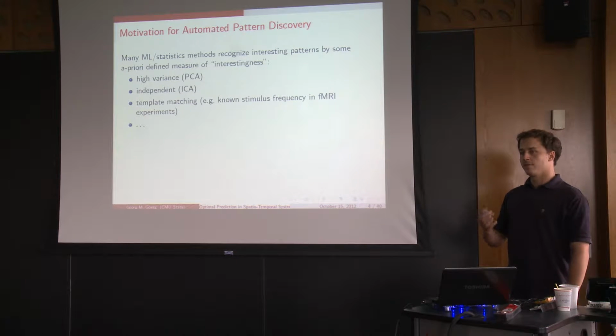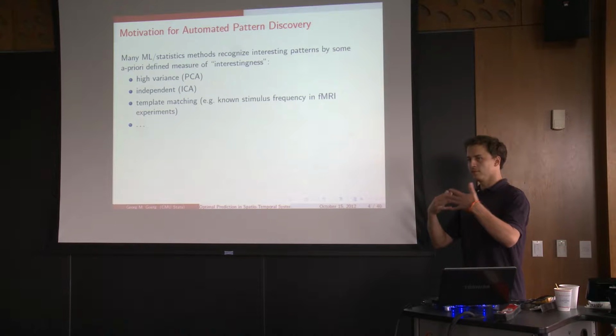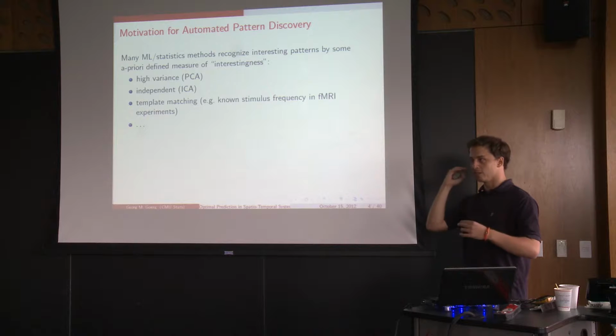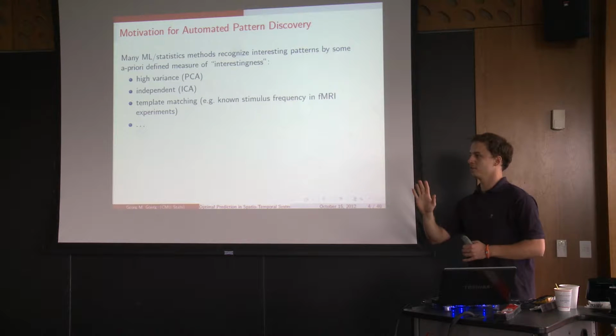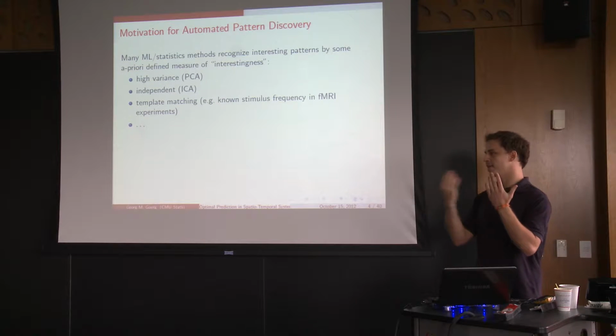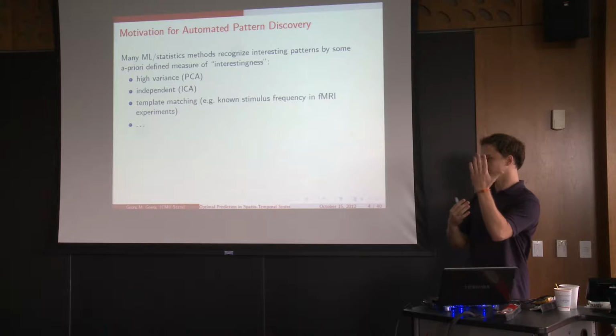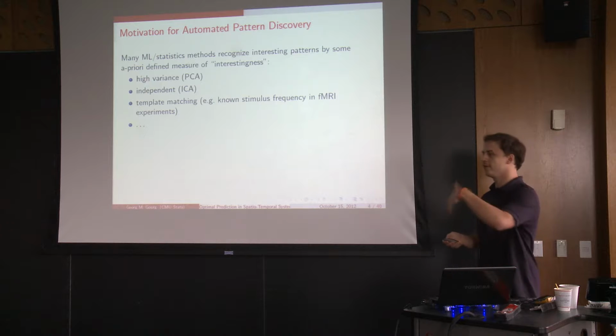Or in fMRI, for the particular applications that I will show, they often have fMRI data, so you scan the brain, and you do this by first showing a person a particular stimulus. But you know exactly what the stimulus looks like. So all I have to do is look at some kind of template matching. Right? You know this is what I'm looking for, so let the algorithm look for that. And you can go on and on.